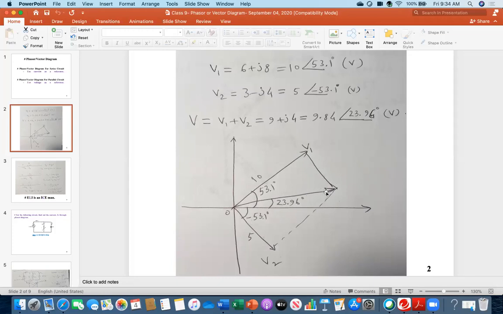As you can see, it is on this side, at an angle of 23.96 degrees. This representation is called the phasor or vector diagram for these two voltage signals, V1 and V2. Everybody, do you understand this one?